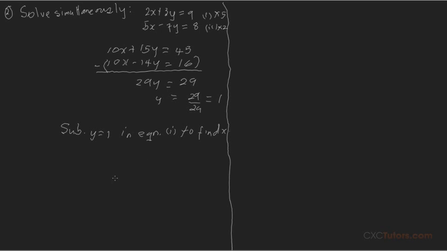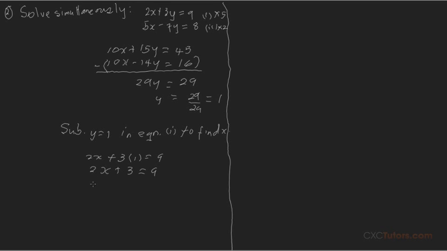It could never be to find y because we already know the value of y. So equation 1 is 2x plus 3 times the value of y, which is 1, is equal to 9. Removing the brackets, we have 2x plus 3 times 1, which is 3, is equal to 9.